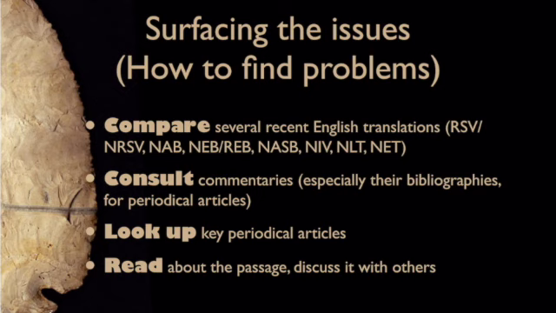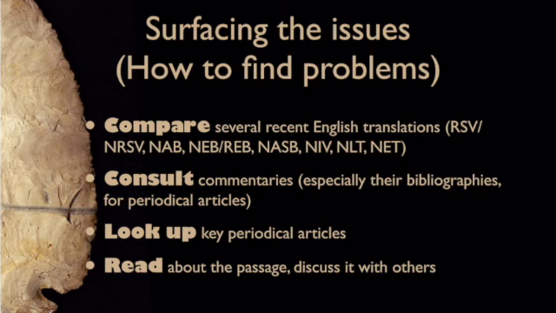Also between the NASB, the Holman Christian Standard Bible, and the Christian Standard Bible, whenever you see a difference between the NASB and the Christian Standard Bible, that's pretty significant, because these are generally your Southern Baptist, Broadman Holman publisher type translations.